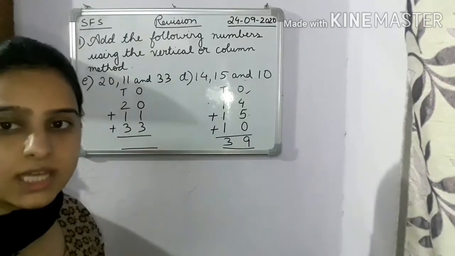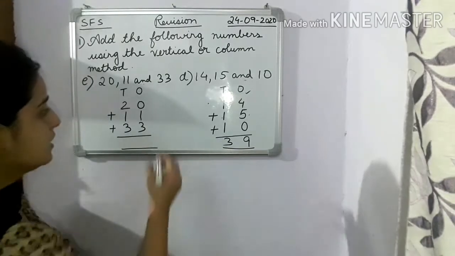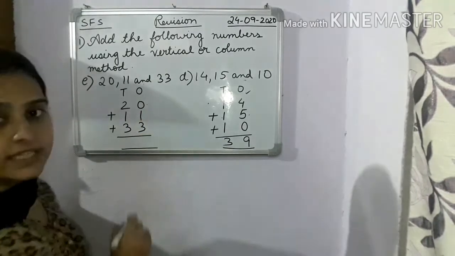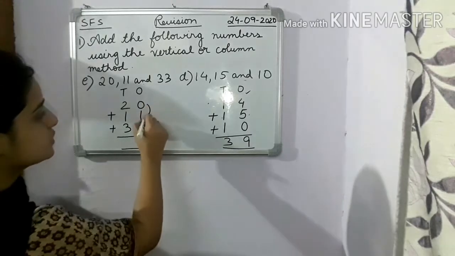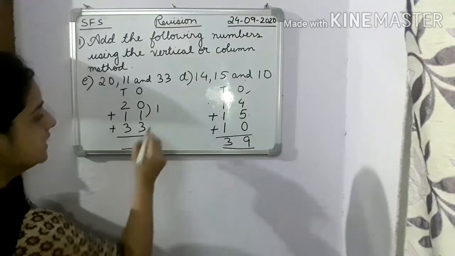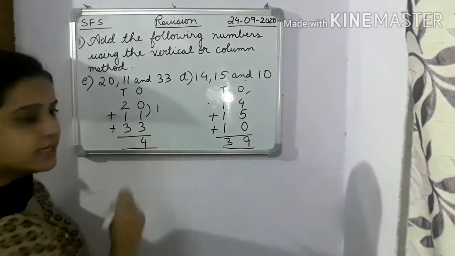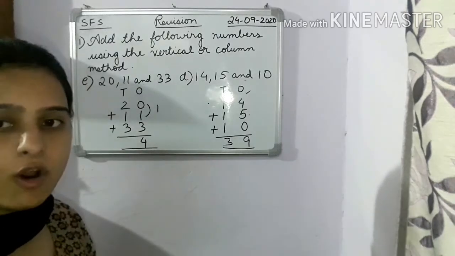Now let's find out the answer. We start addition from 1's place, children. So first 2 digits are what? 0 plus 1. 0 plus 1 is what? 1. Then 1 plus 3 is what, children? 4. So what comes in 1's place? 4.